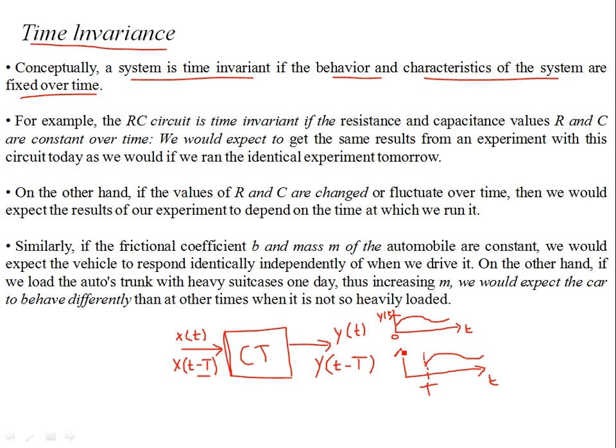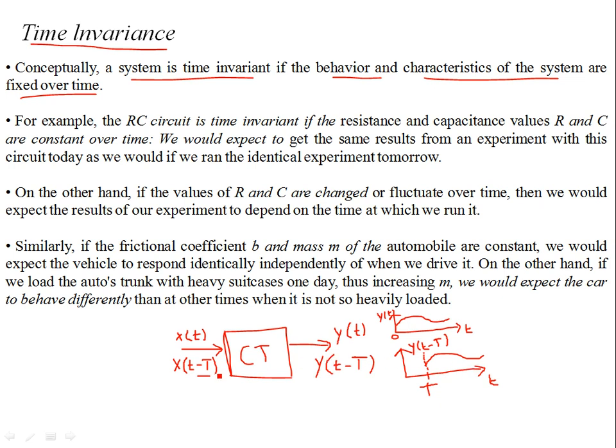So you see this output is represented by y of t minus capital T. Once the input is delayed by capital T, which is being applied at capital T, you can't have an output before capital T. So the waveform simply shifts itself. The waveform is preserved.